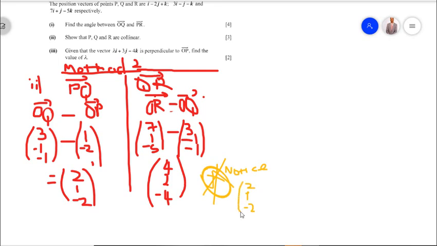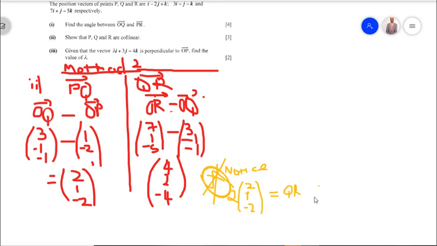Let's see it. Multiply by 2, which is equal to QR.